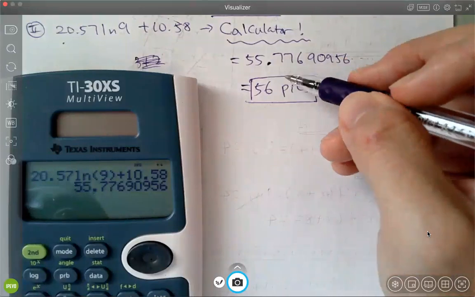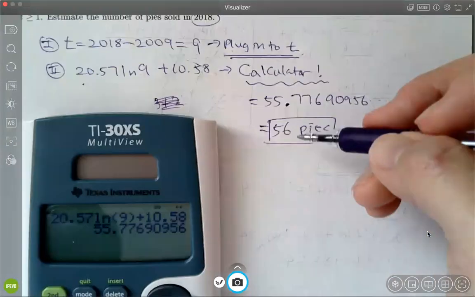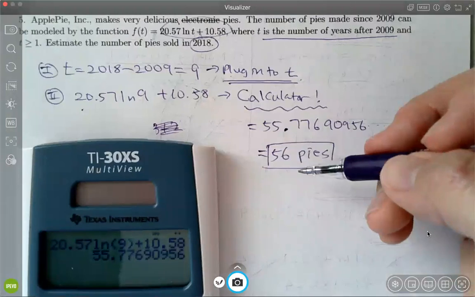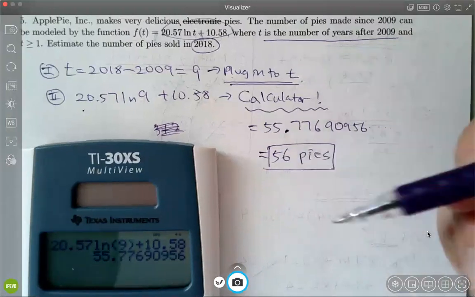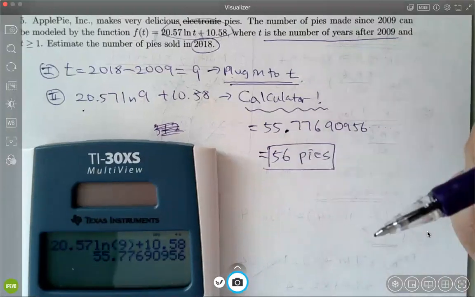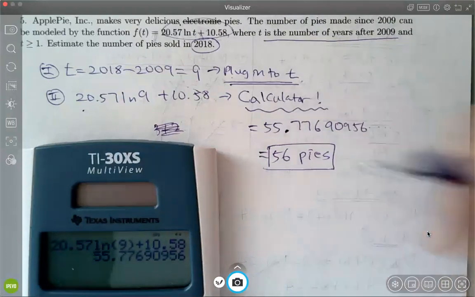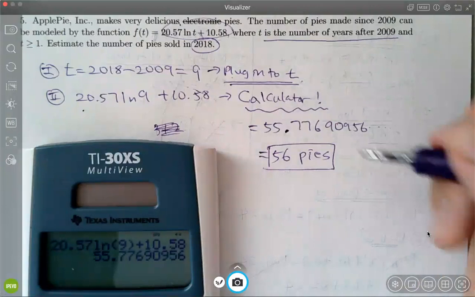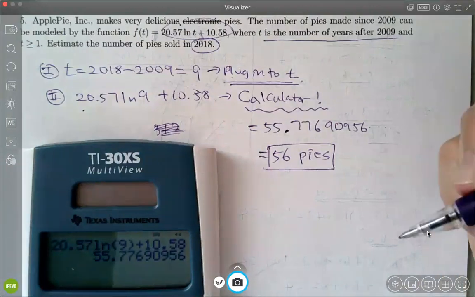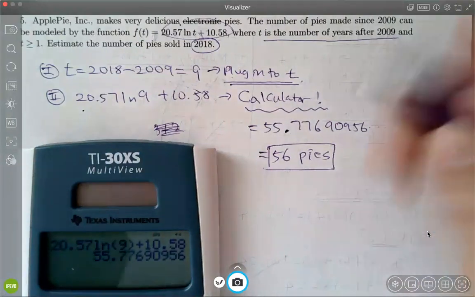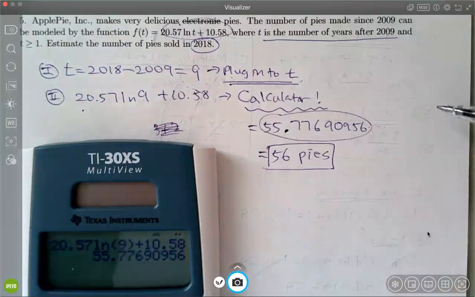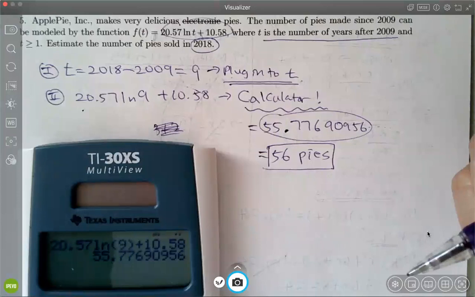So what does that mean? Since we have to get a whole number, and this is over 55, we have to round up, right? So the company has to produce one additional pie, because they have to at least satisfy this number, and the only way to satisfy it is to make another pie, right? Okay, so there we go.